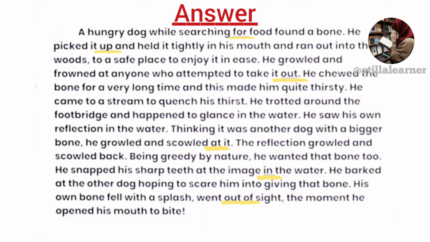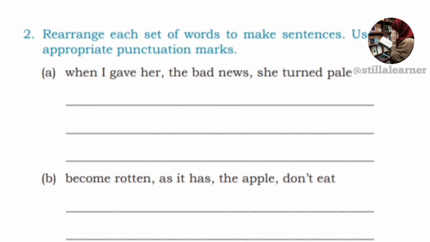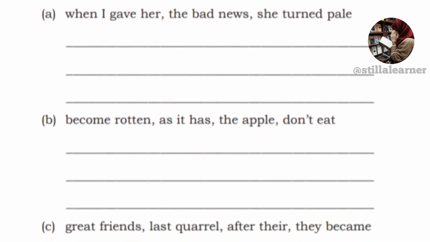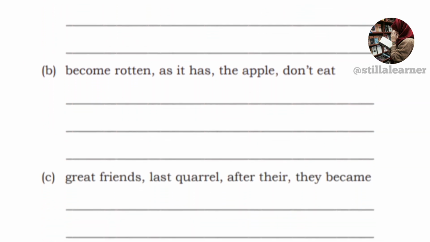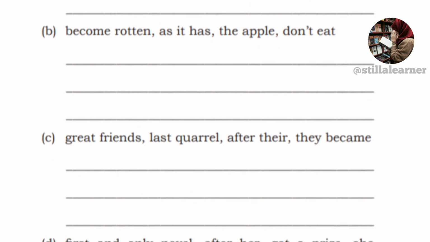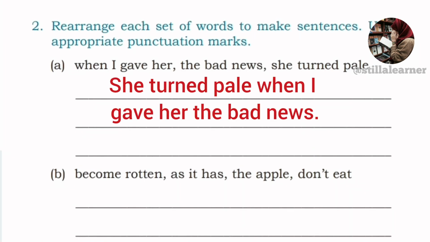Next we have rearrange of sentences. Here we have to arrange the sentences in a correct sequence using punctuation marks. Here 4 sentences are given, so we have to make it into a correct sentence so that it gives a correct meaning. Okay, let's see those answers. The first answer is, she turned pale when I gave her the bad news.